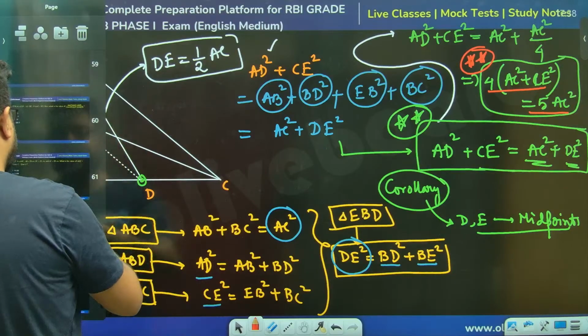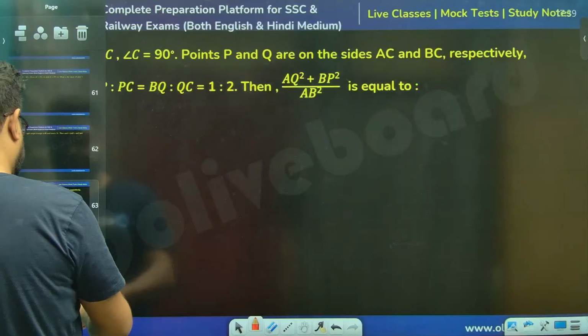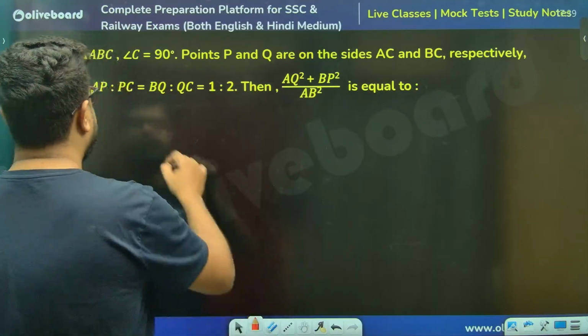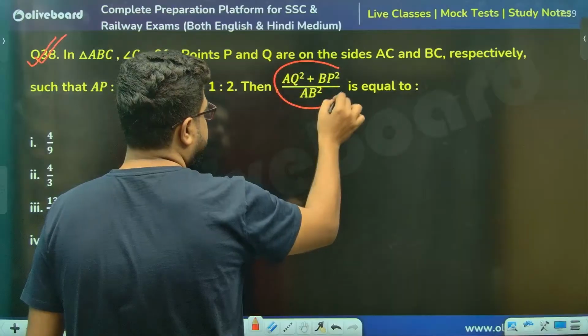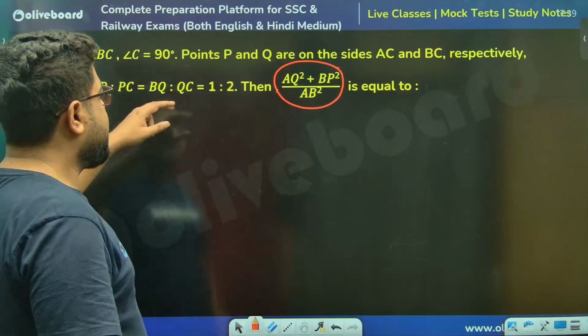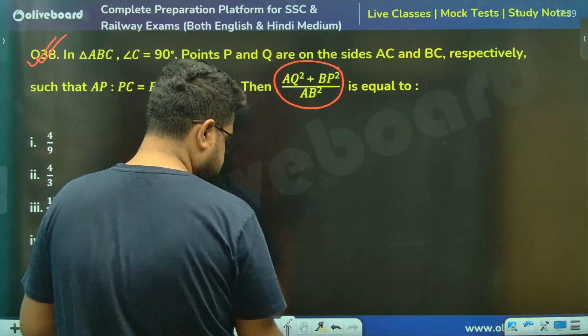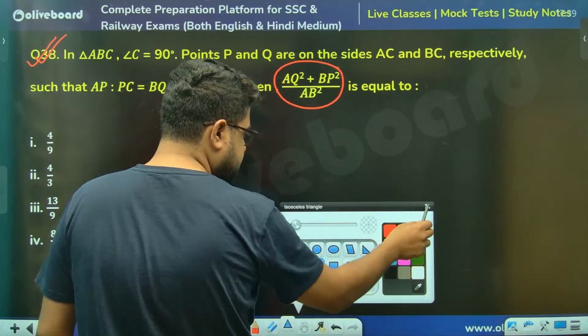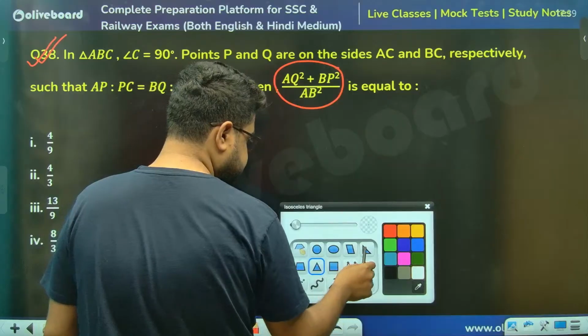Look, let me show you some questions, a bit tricky ones. Look at this one question. Sir, let's solve this. It's a 90-degree right angle triangle.